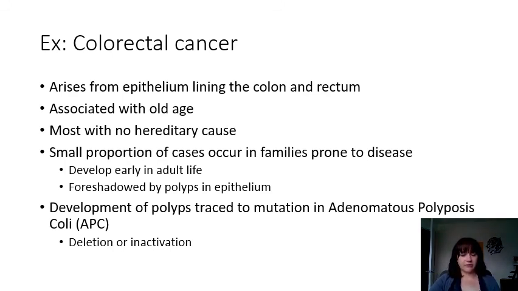Interestingly, they found that the formation of these polyps is caused by a mutation in the gene adenomatous polyposis coli. All right, we're going to call it APC. Either deletion of this gene or inactivation. So this is a loss of function mutation.